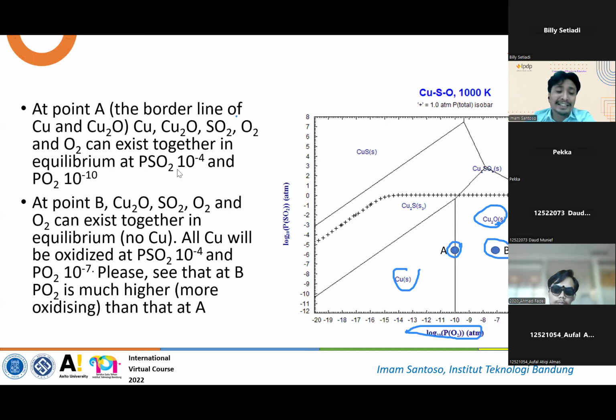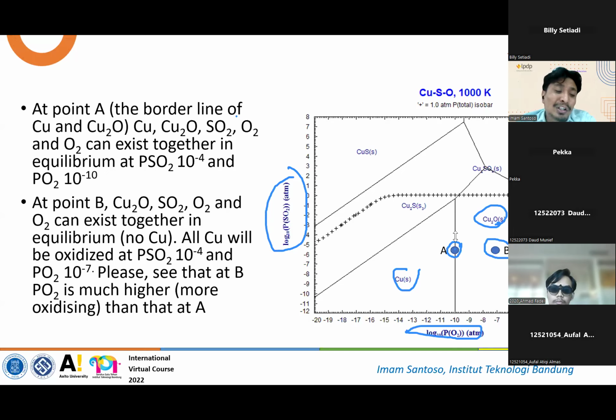Okay, this is the importance of the oxygen partial pressure and sulfur dioxide partial pressure to be controlled in the smelting process. If you can control the pressure of sulfur dioxide and oxygen, you can control the product. Like I show you, if you control the pressure so that it is at point A, then you will have 2 condensed phases.